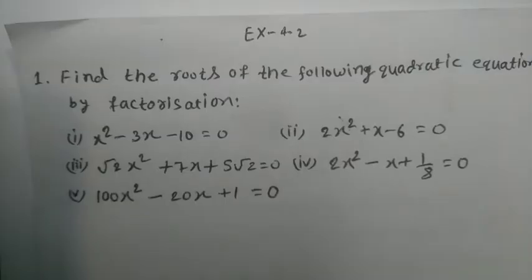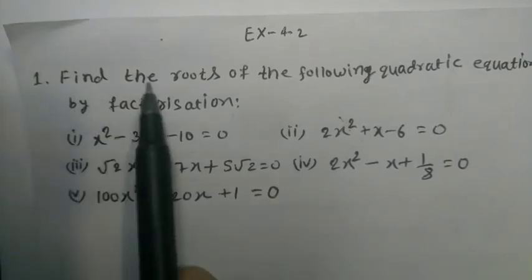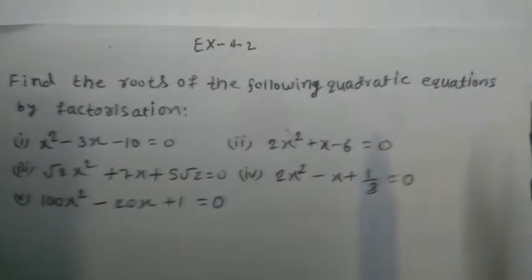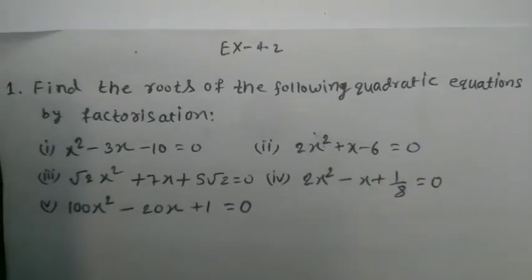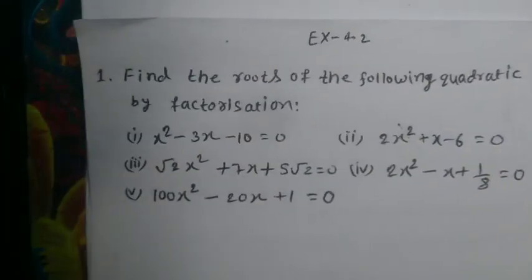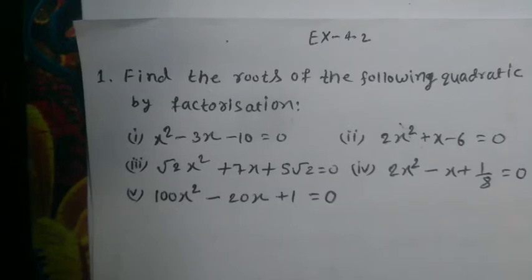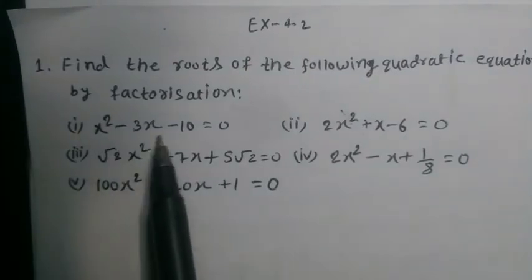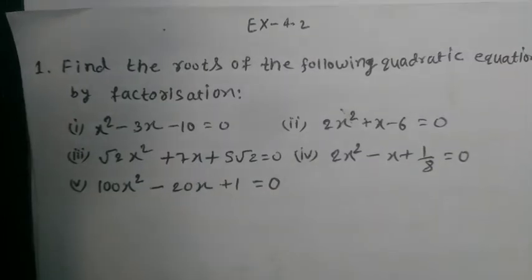Now the first question is: find the roots of the following quadratic equations by factorization. First question, x square minus 3x minus 10 is equal to 0.